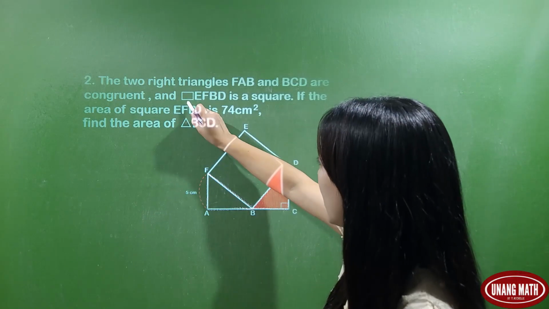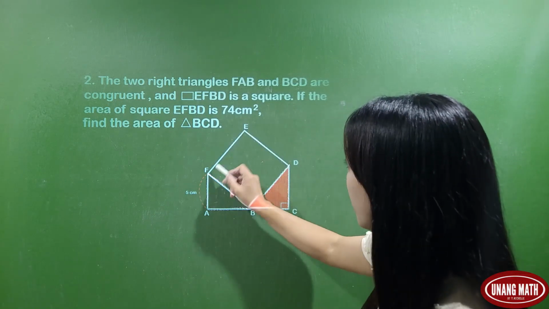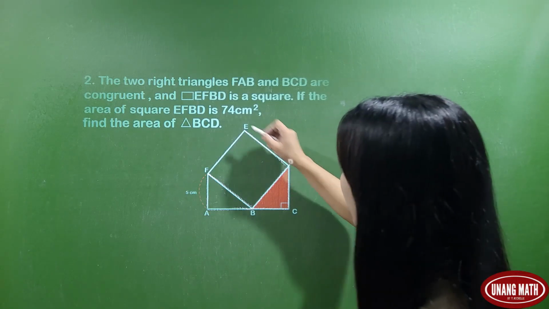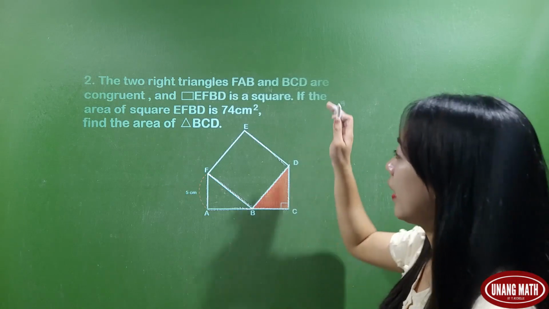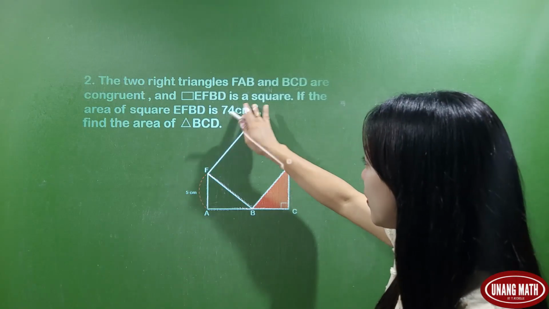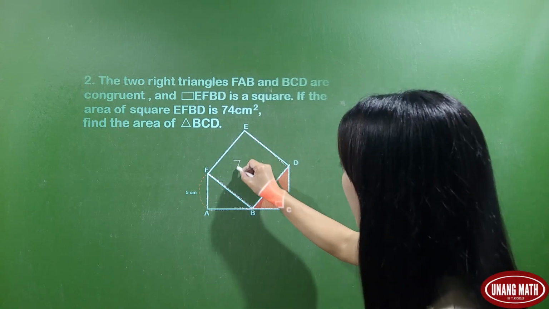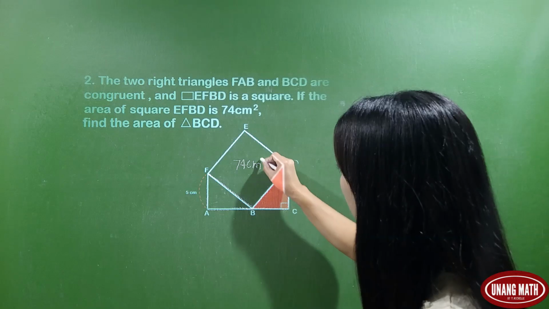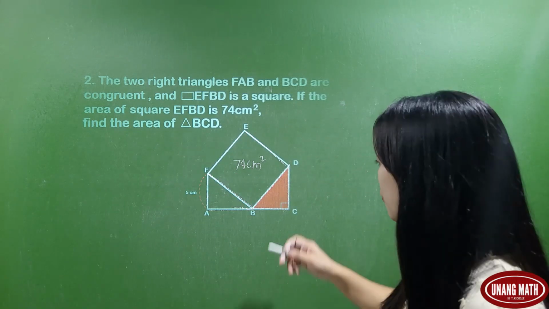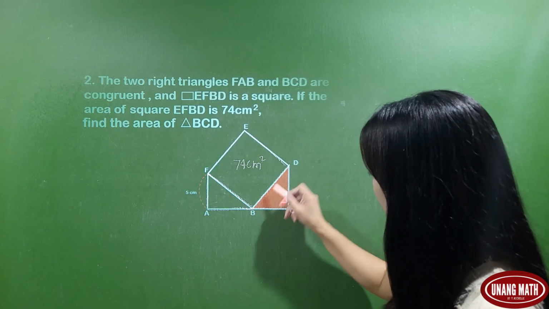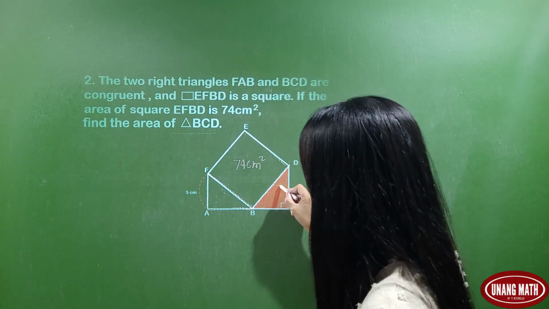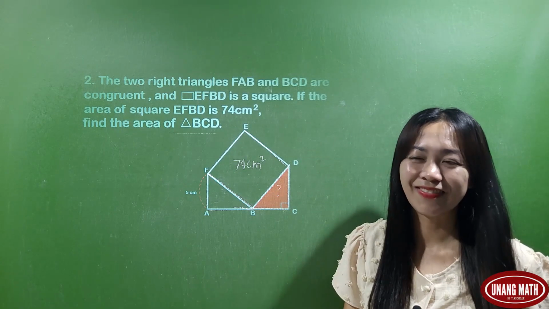And quadrilateral EFBD, so this one, is a square. If the area of square EFBD is 74 square centimeters, find the area of triangle BCD. Triangle BCD is this one shaded with red color. So what would be the area of this triangle?